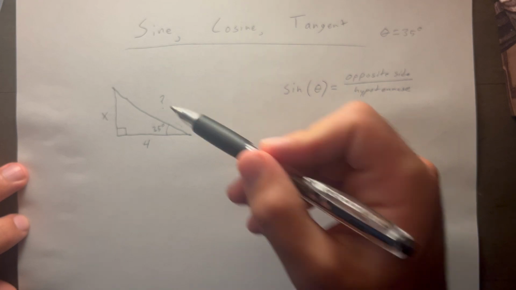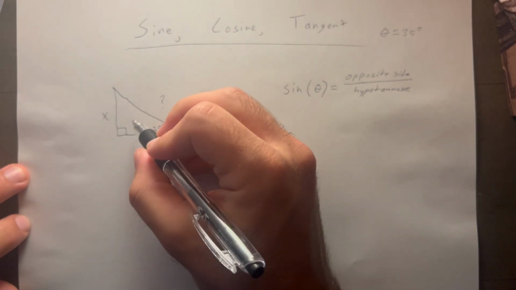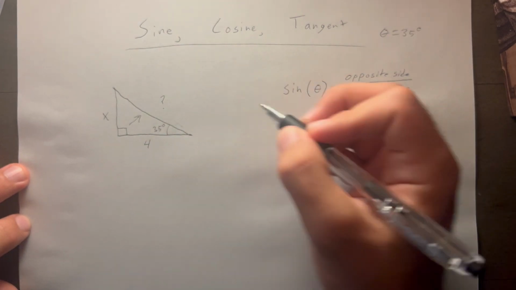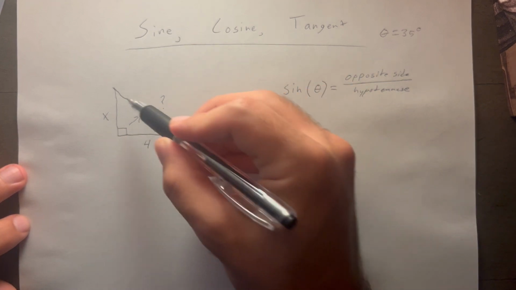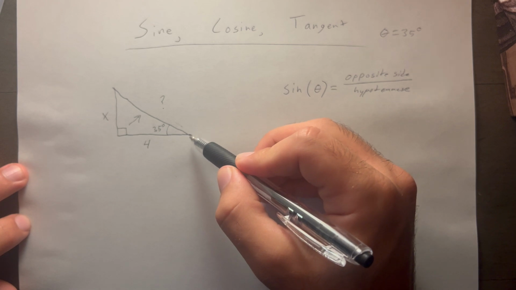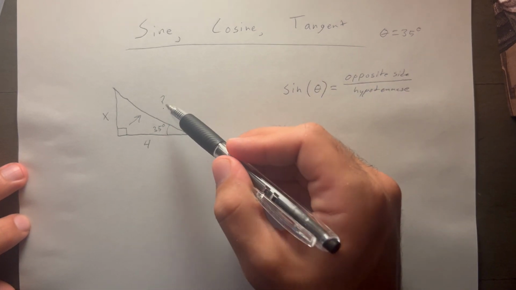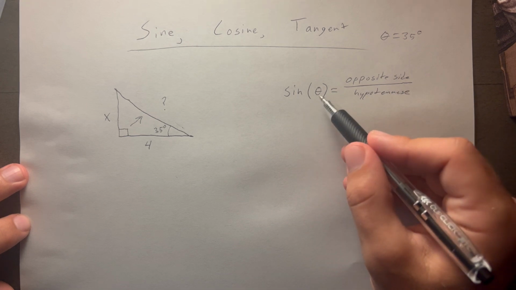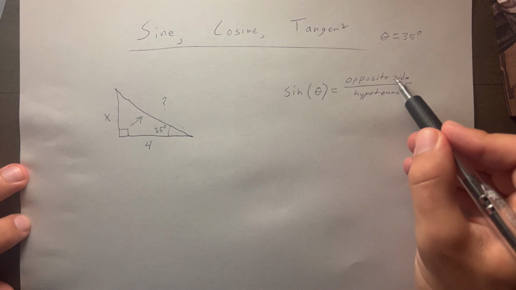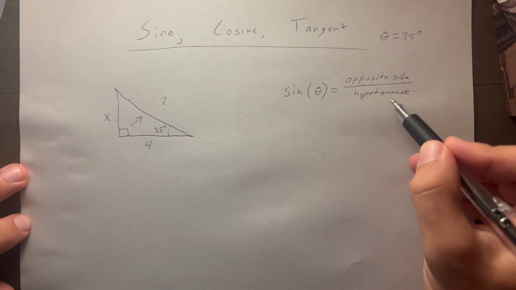It is the longest side that is opposite of the right angle. So it's always going to be the one directly across the right angle, and it'll always be the longest side, okay? Which in this case is the unknown we're looking for. So that's sine: sine of the angle is equal to the opposite side length divided by the hypotenuse length.